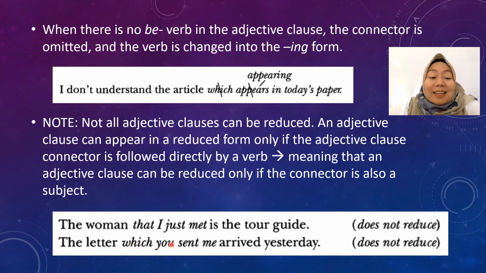If the adjective clause has a subject, which means that the connector doesn't also function as a subject, then the adjective clause cannot be reduced. So you have to have it fully written: the letter which you sent me arrived yesterday. The woman that I just met is the tour guide.